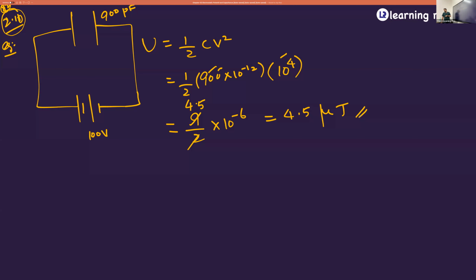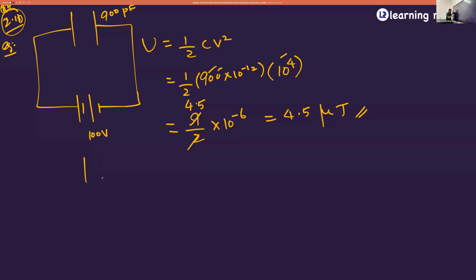Okay. Connected to another uncharged capacitor. See, if you take this 100-volt battery, it is storing some charge on this capacitor. So this charged capacitor is connected across another uncharged capacitor.